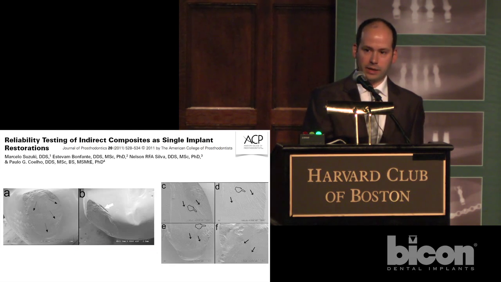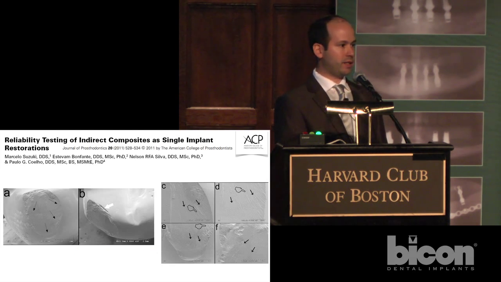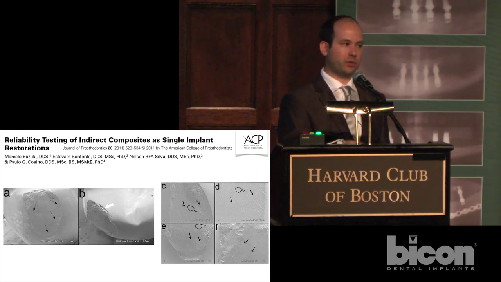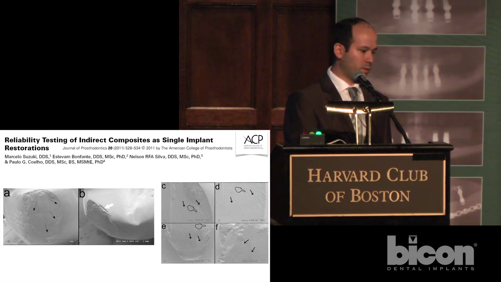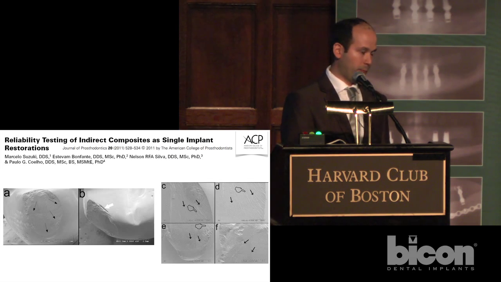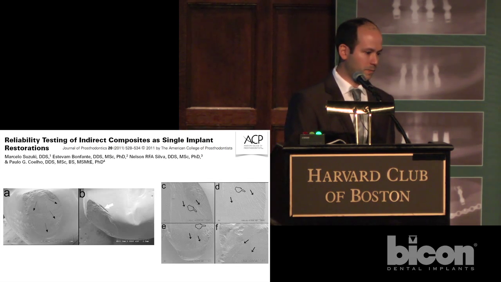An interesting finding from that study was that when we had a failure, it was usually a small composite chip that by repolishing, we could return the crown to function, if that was a real crown in a patient. Or if the chunk of composite were a little larger, it could be repaired for function and returned to function instead of the crown being replaced.